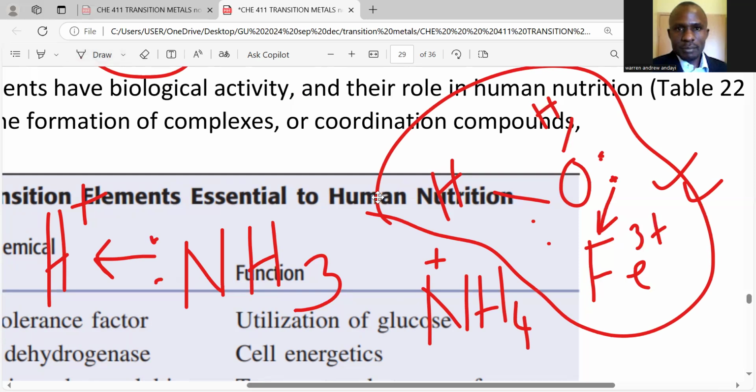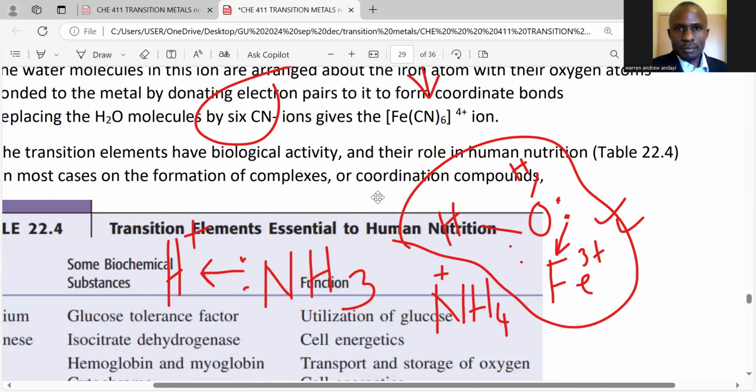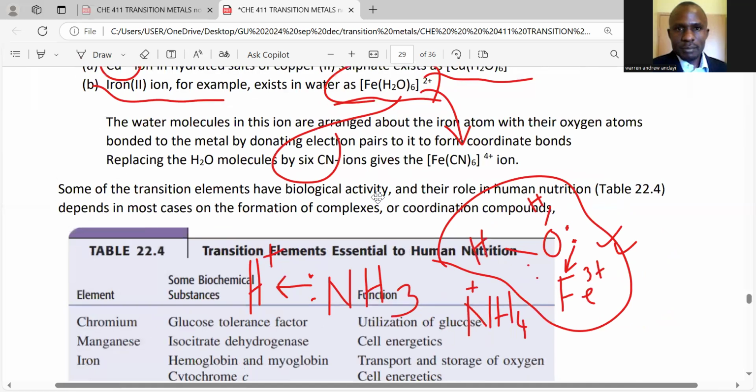Now we move to these transition elements and their complexes, which have important biological roles in human nutrition. And these biological roles are played when these metals form complexes, not when they are metal ions. Like if I take metallic ion and swallow it, it will not help me.